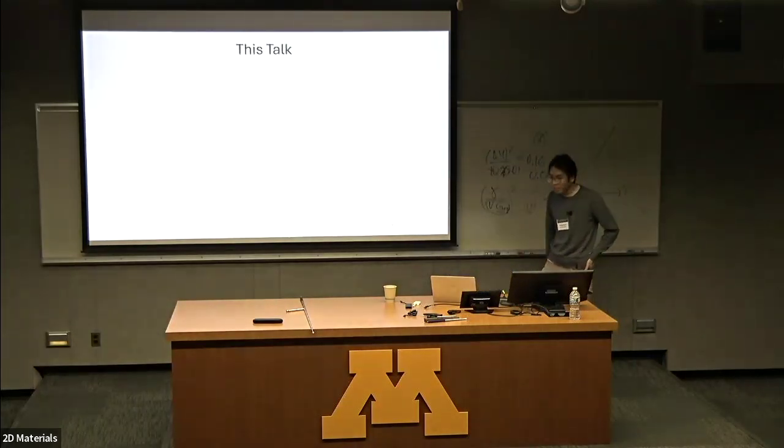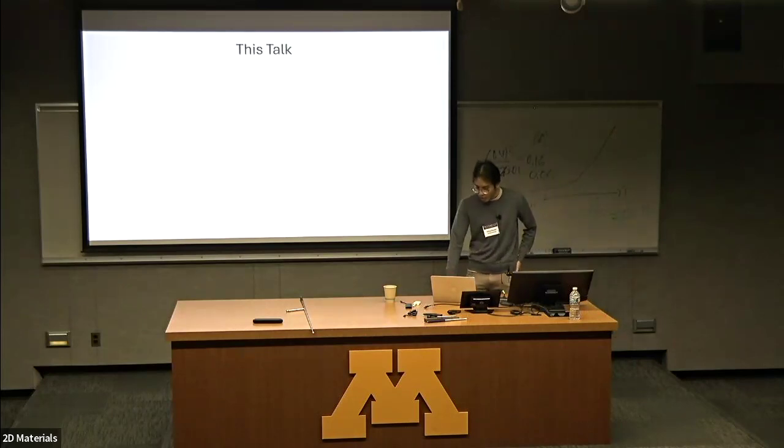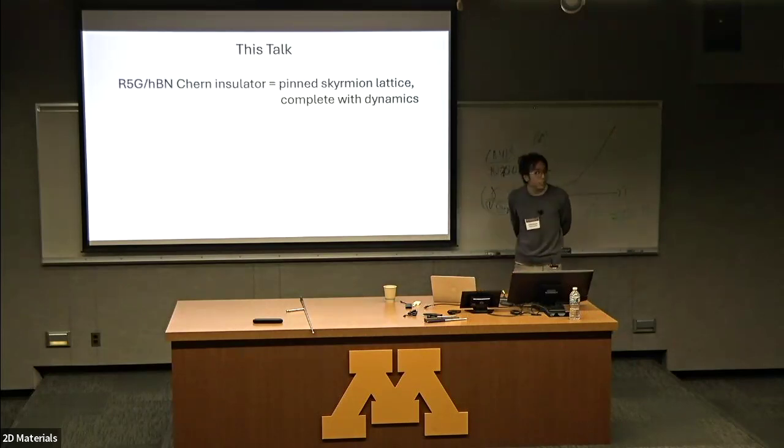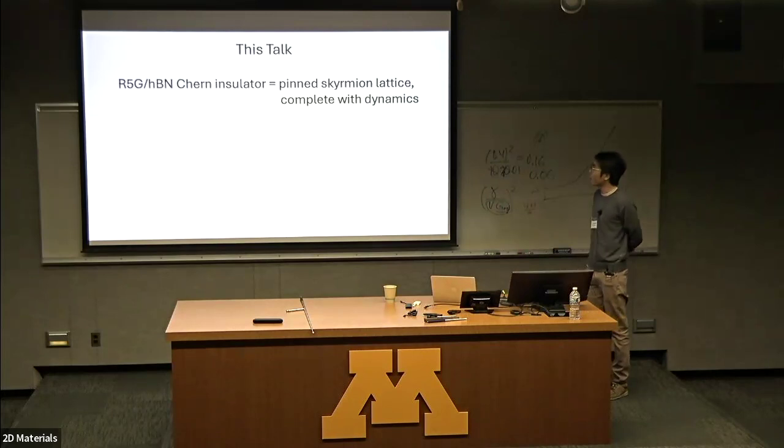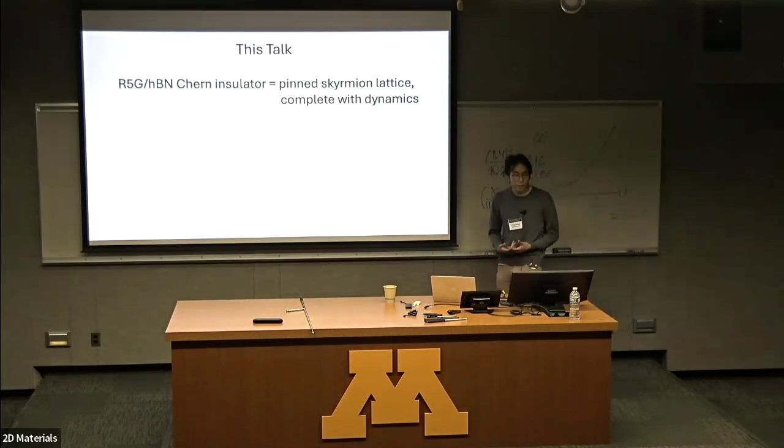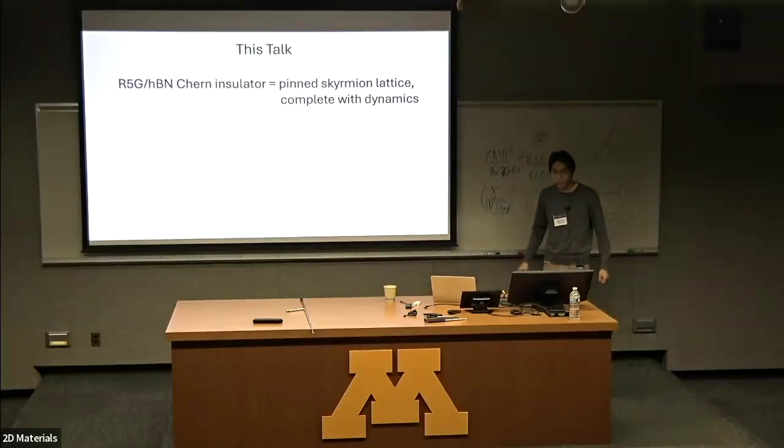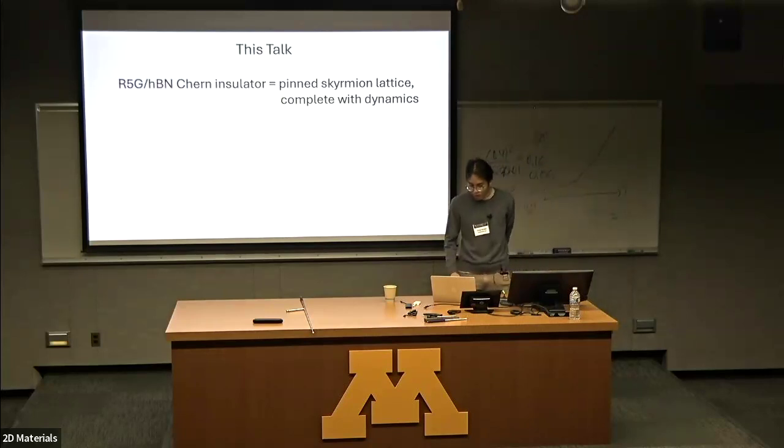In this talk, I'm going to make the case that this Chern insulator in rhombohedral pentalayer graphene moire superlattices can be very naturally viewed as a pinned skyrmion lattice, and not just a ground state. This system has all the dynamics that you expect from an analogy with a real magnetic skyrmion system.